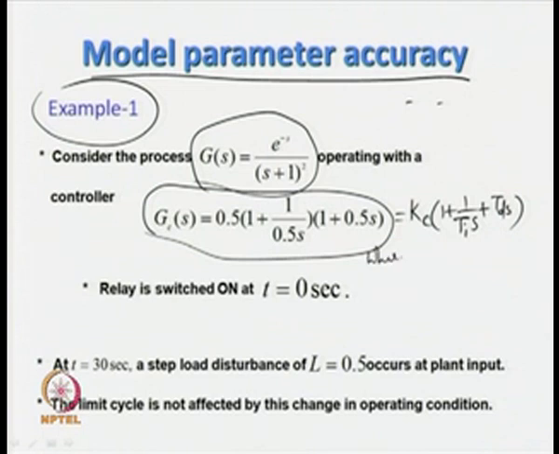So, the proportional gain of the PID controller is 0.5, the integral time constant is 0.5, and similarly, the derivative time constant is also 0.5. So, we have a PID controller of this form.